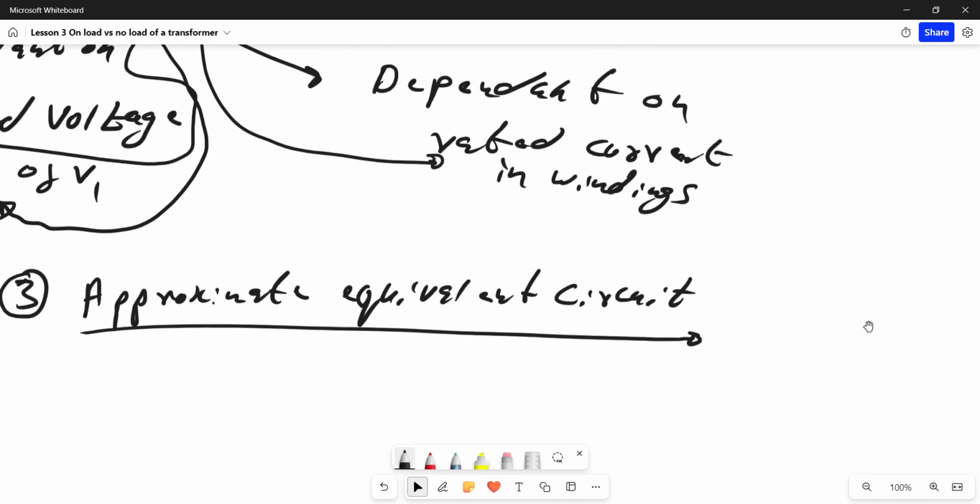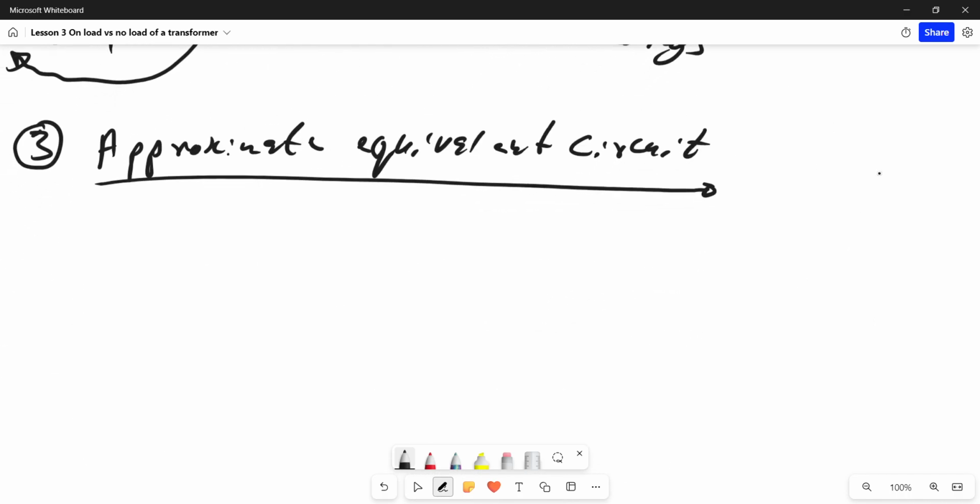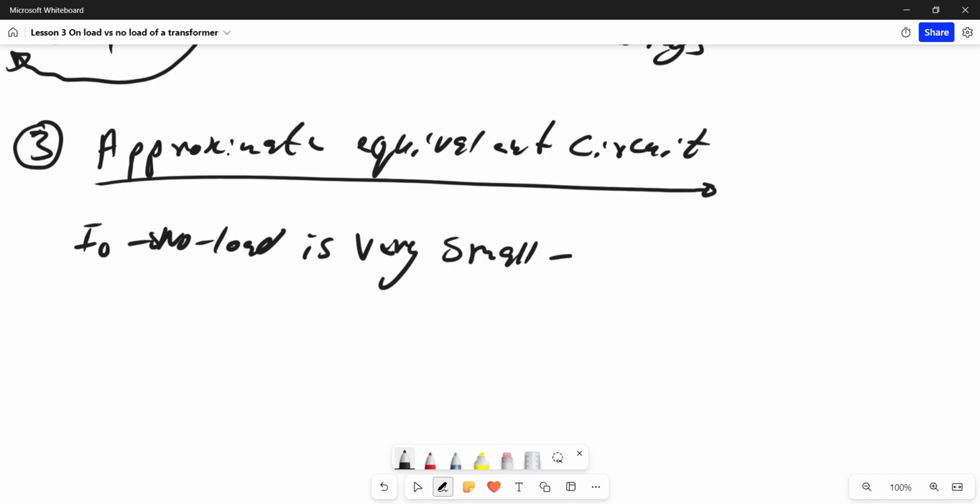The no load current, I0, is very small, three to 6% of full load.